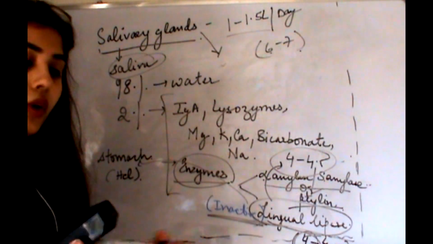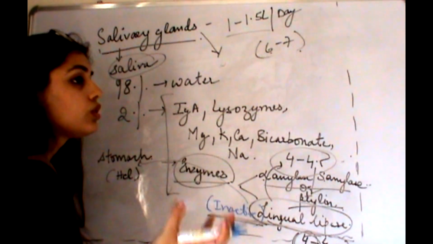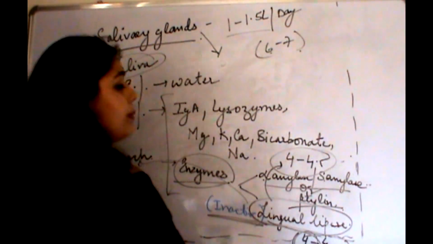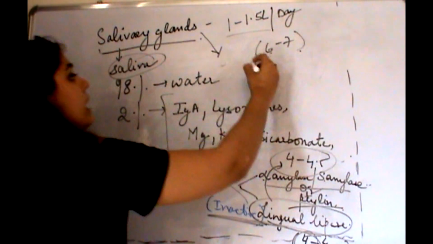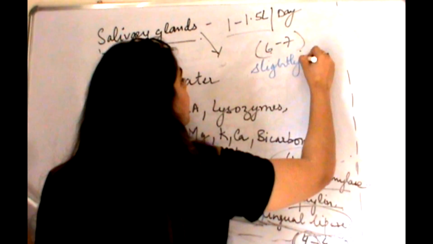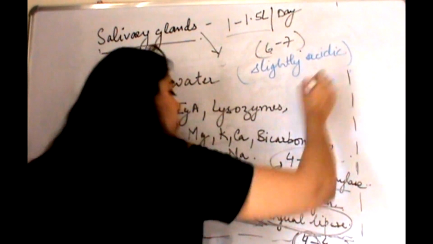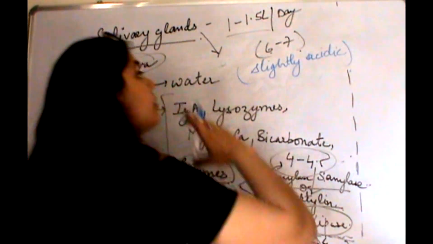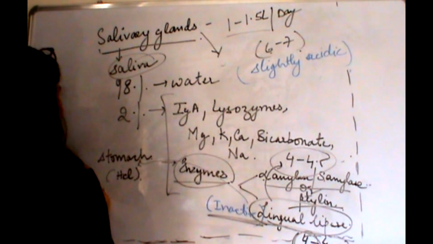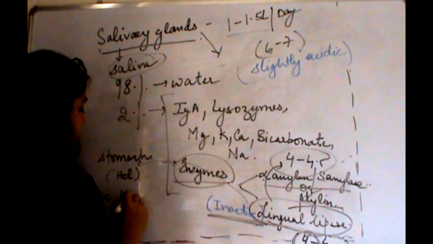Are you all getting my point? It is inactive in the mouth because the pH there is only slightly acidic, but as lingual lipase needs a more acidic pH, it won't be functional in the mouth and will be activated in the stomach.